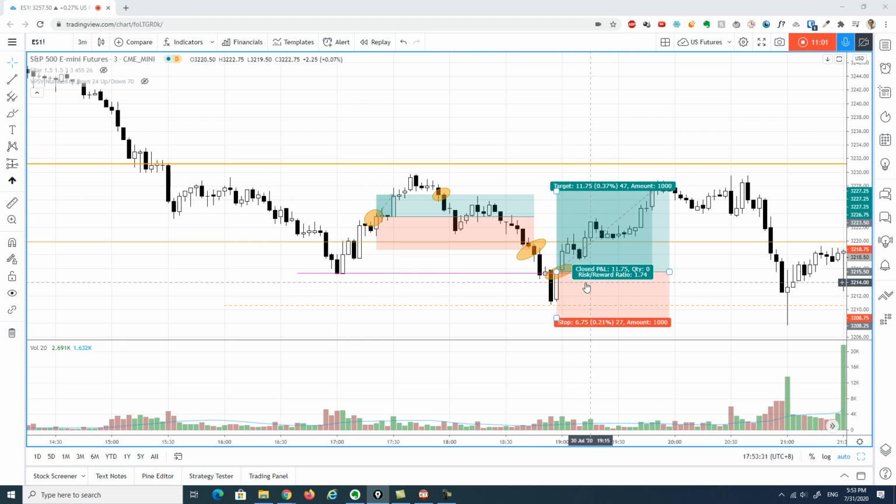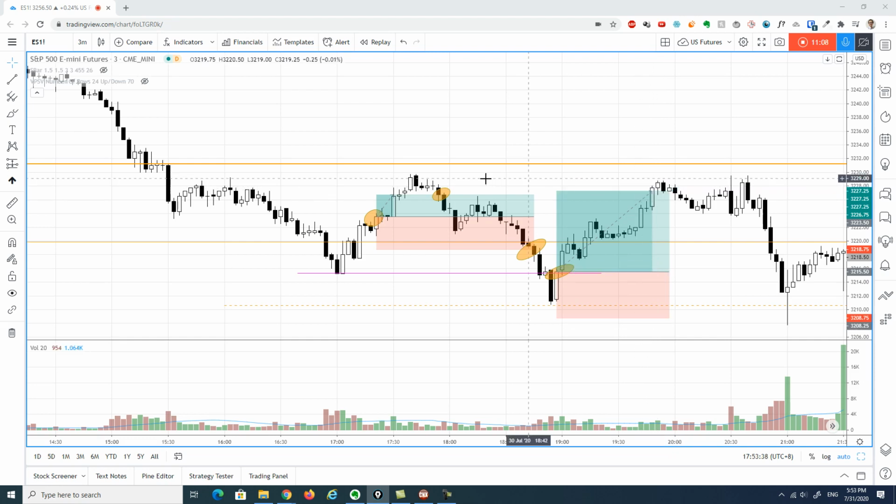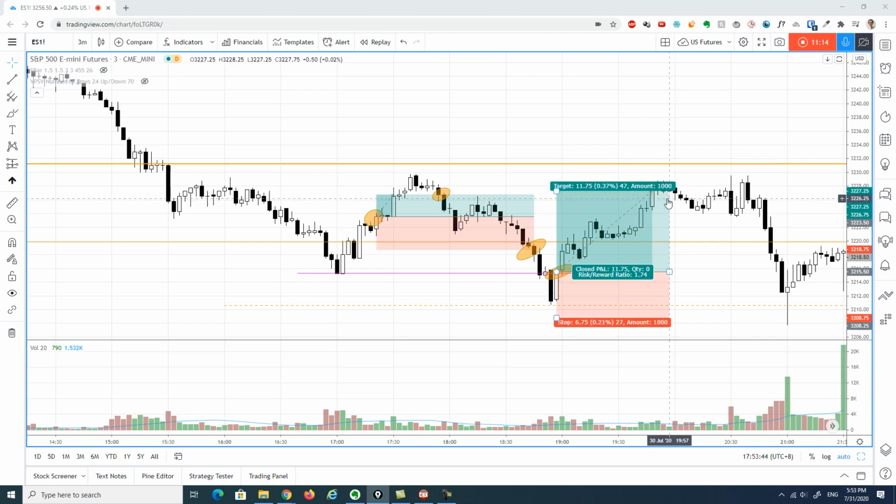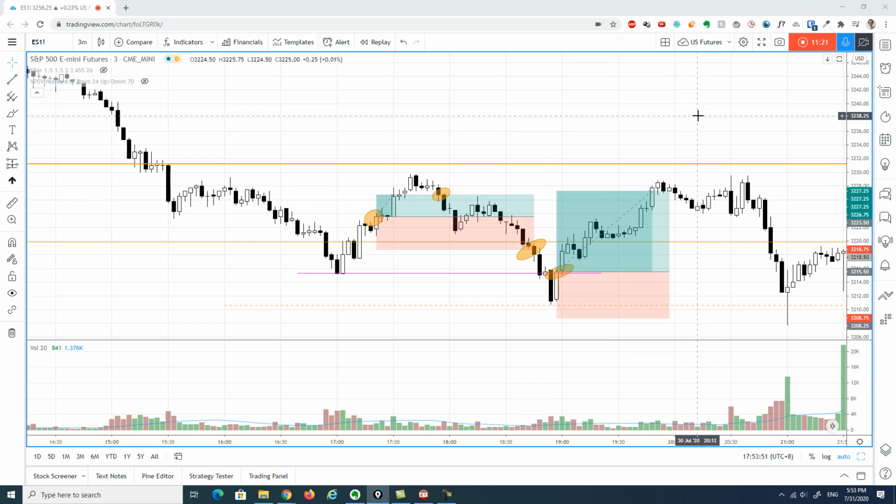So I entered a long position and rode it through to the prior exit level where the first breakout occurred previously, around 3227. I ended up with a reward to risk ratio around 1.7, which was not too bad.